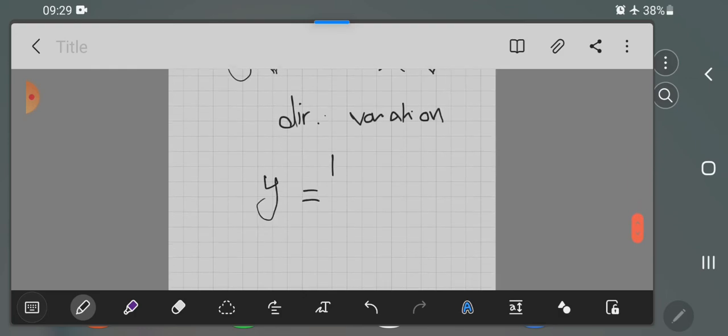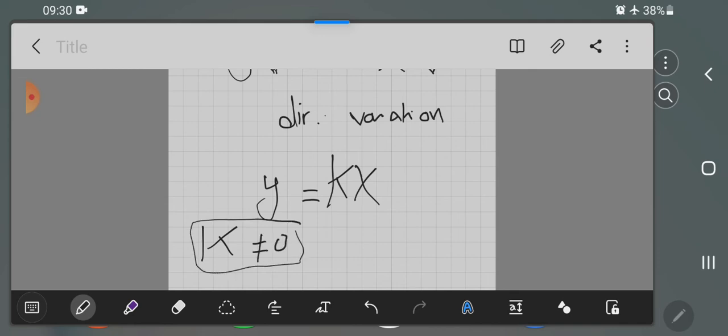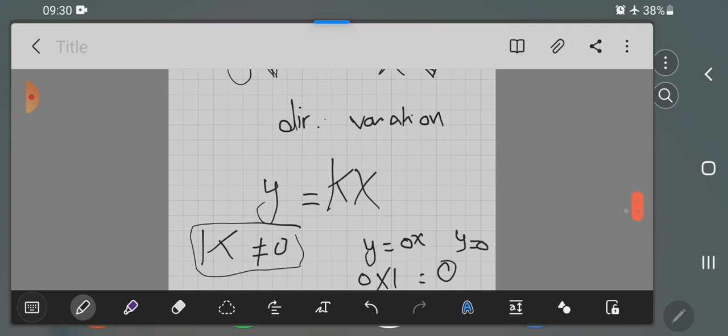How can we write it as a relation like the slope and rate of change? y equal kx. That's all? No. We have a very, very important condition. You need to have k not equal 0. Let's see what happens if k equal 0. y equal 0x. 0 multiplied by any number equals 0. So y equal 0. So you don't have any relation. Okay?